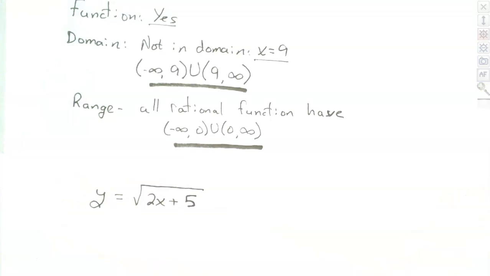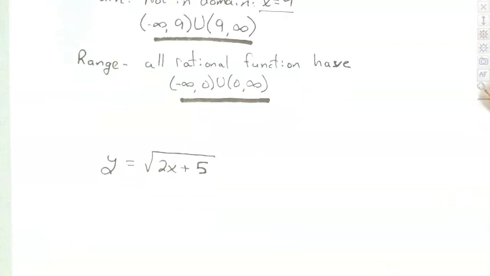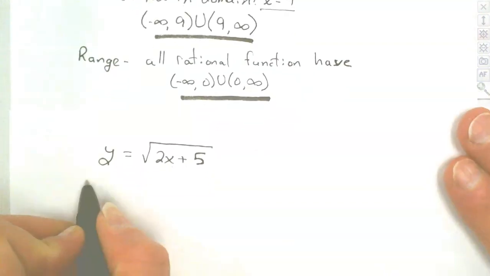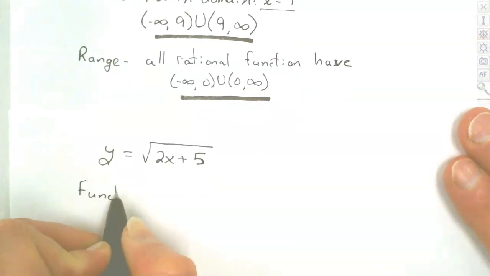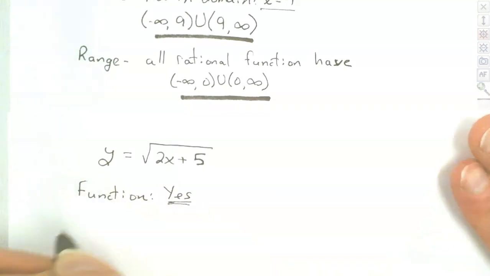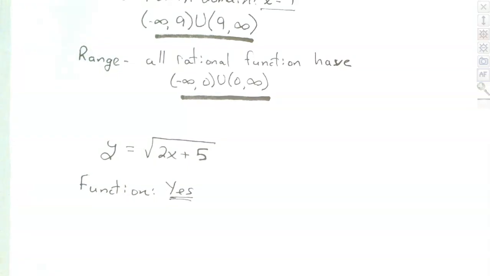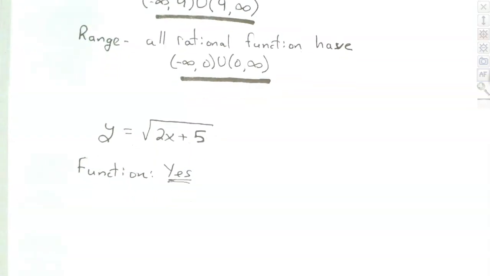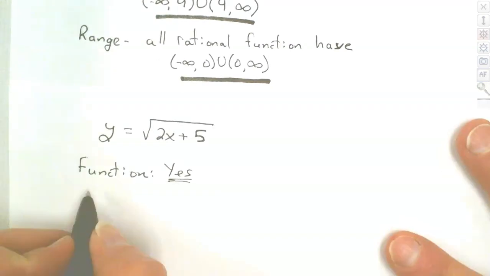So this one has a square root in it. And again, just like the others we've done so far, this one is a function. So we know it is a function. What about the domain?